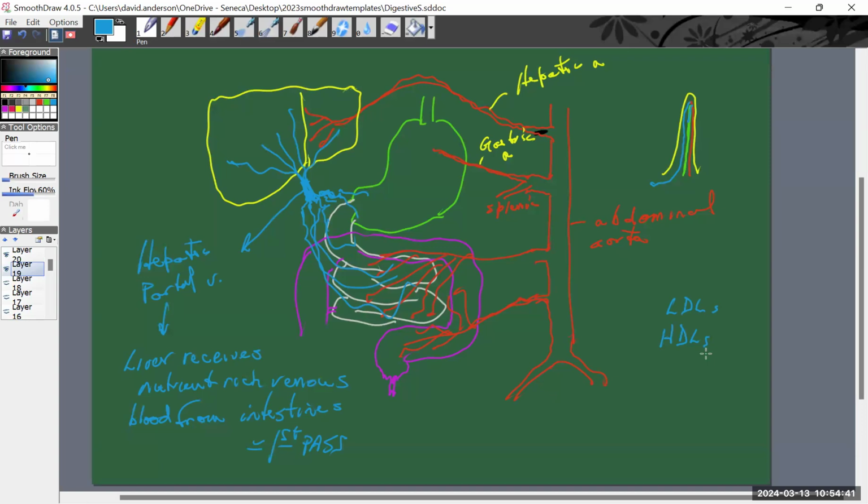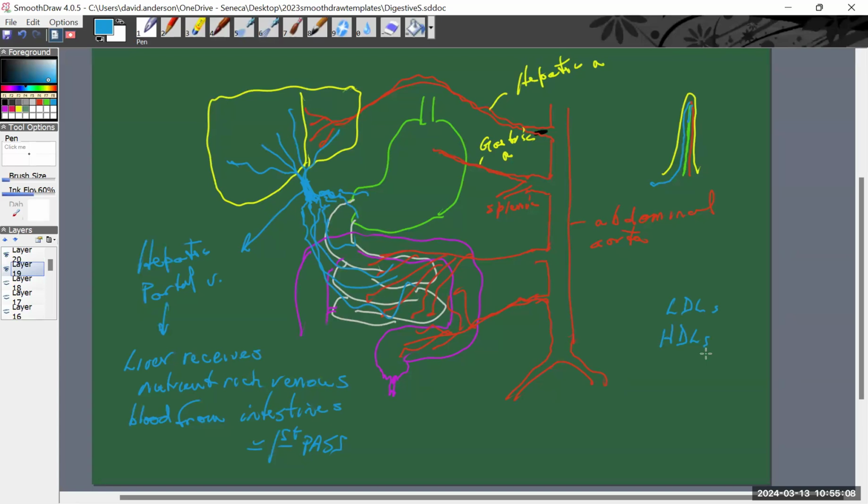But HDLs are sometimes described as the good cholesterol because they're removing peripheral cholesterol from the body. And LDLs are sometimes described as the bad cholesterol because they deliver cholesterol to the peripheral parts of the body. The reality is cholesterol is essential to cell function and cell structure. So they're not really bad or good. They're just functional from that perspective.